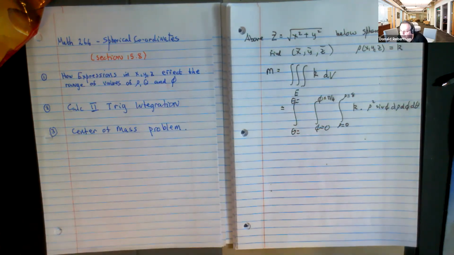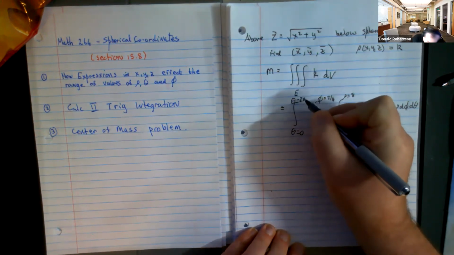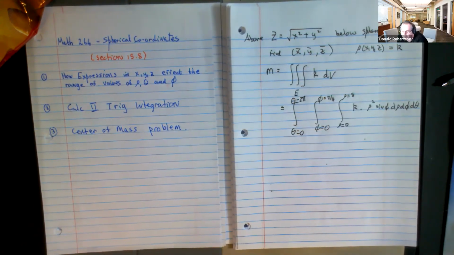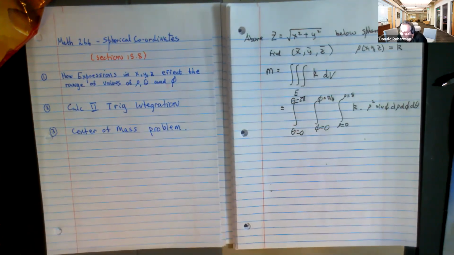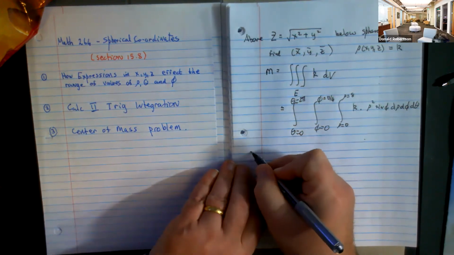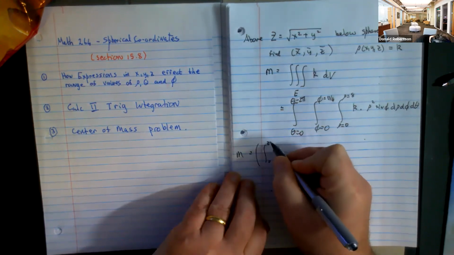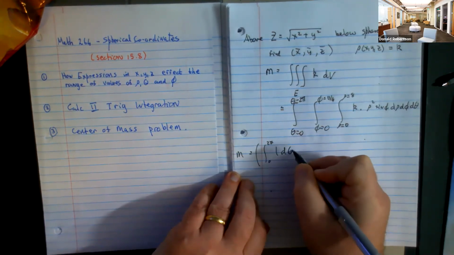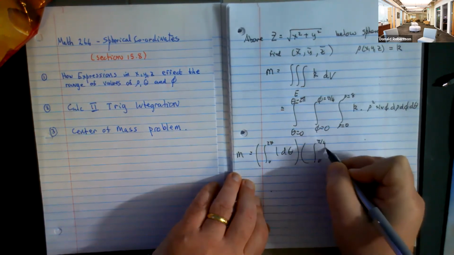Theta was going to be untouched, and the range for theta is 0 to 2 pi. Are you happy about the combination of these and where they came from? So it is variable separable. So I'm going to do 0 to 2 pi of 1 because there aren't any thetas. I'm going to go 0 to pi upon 4 for the sine.